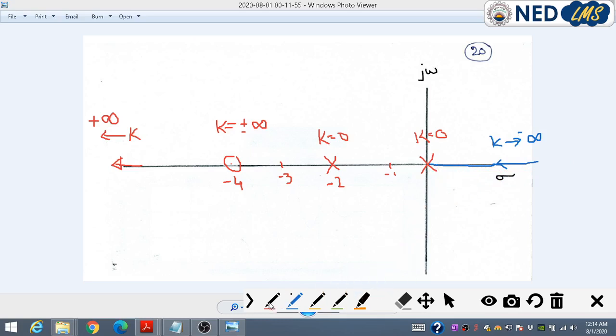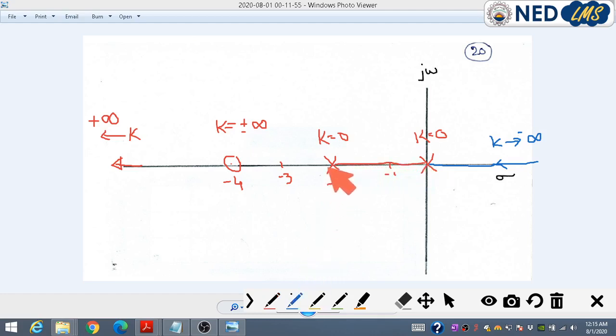When I move ahead of this pole, my count comes out to be 1. If my count is an odd number, 1, 3, 5, it means the point lies on RL. My count is 1, so my search point lies on RL.